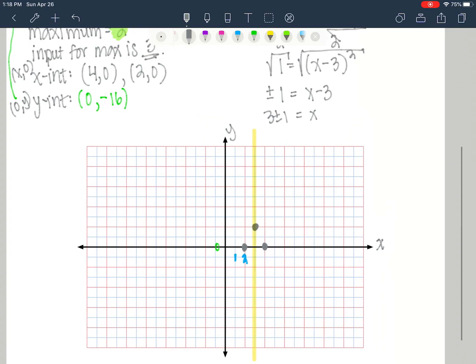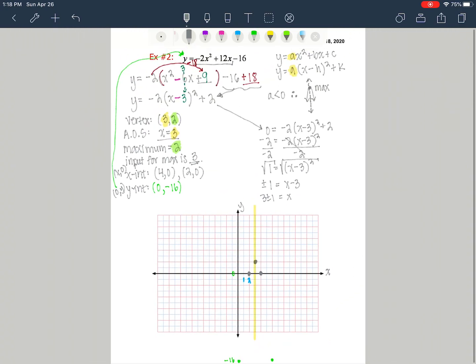So when I put a 1 in, I can put 1 into either equation form. I can either put it into my vertex form, or I can put it into the standard form. And I am going to put it into the standard form.